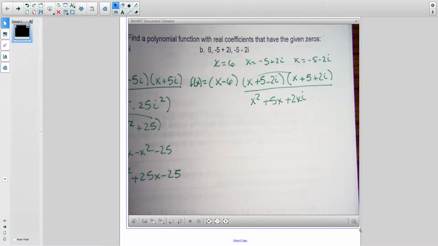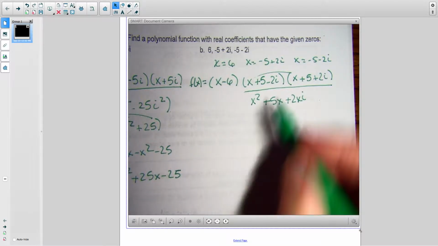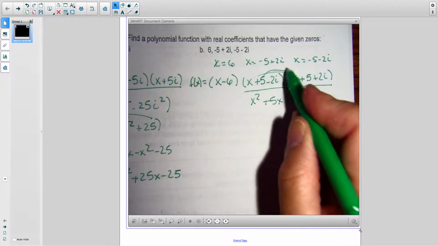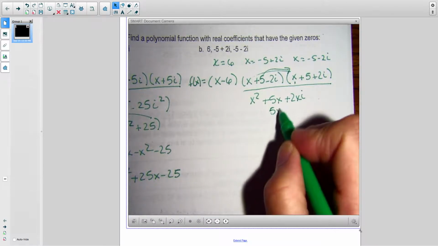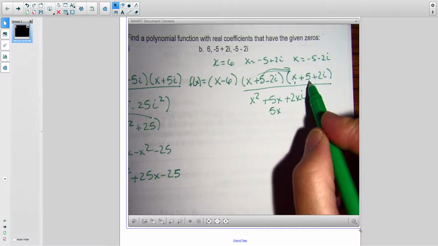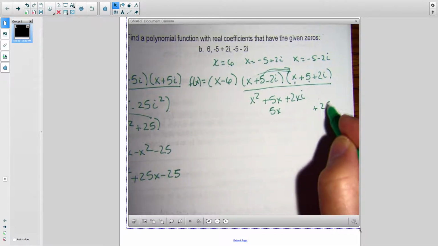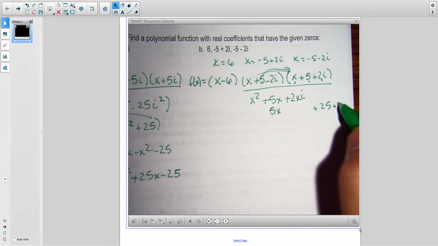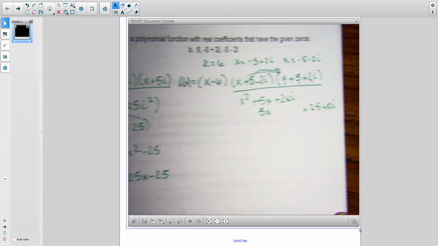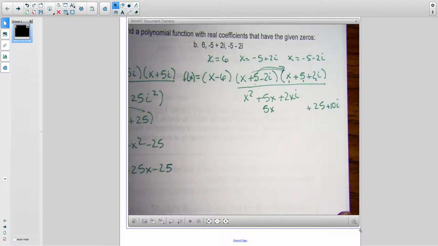As I do this, I'm going to line up my like terms. Then distribute the 5 through: 5 times x, 5x, 5 times 5, 25, 5 times 2i, 10i. Notice I don't have anything to line them up with, so I'm just lining them up out here.